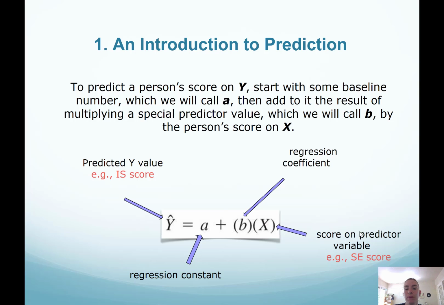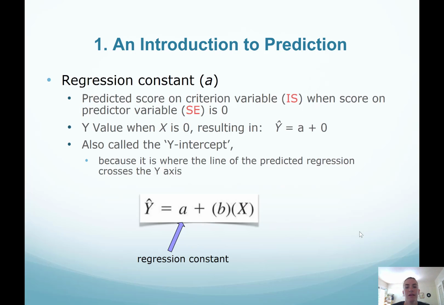So a and b, what are those things? A is what we call the regression constant, and b is what we call the regression coefficient. Let's get into those a little bit. The regression constant, a, is the expected or predicted score on the outcome, also sometimes called the criterion, when an individual's score on the predictor is 0.